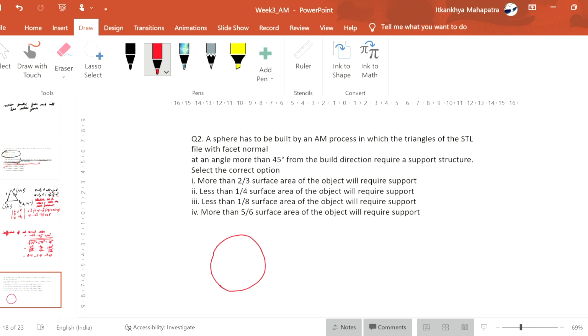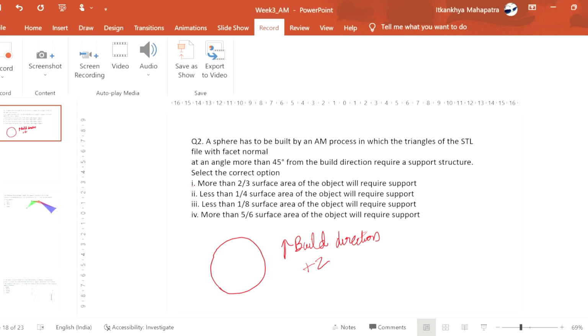Okay, now consider this is the build direction. So let us consider the sphere, and the build direction is this.